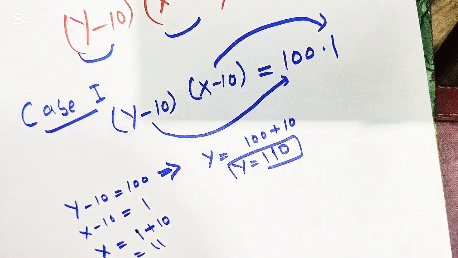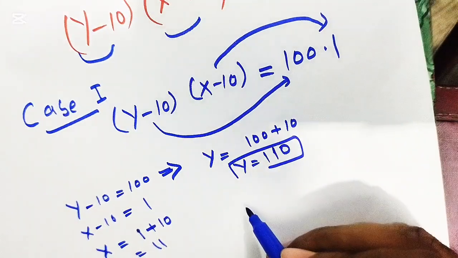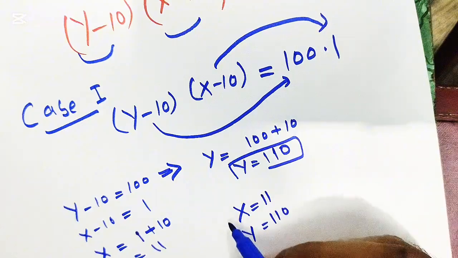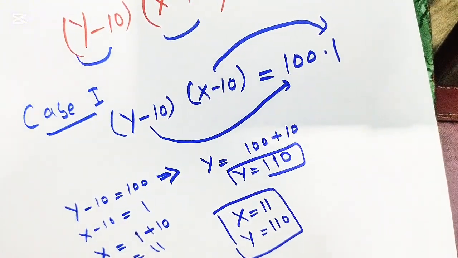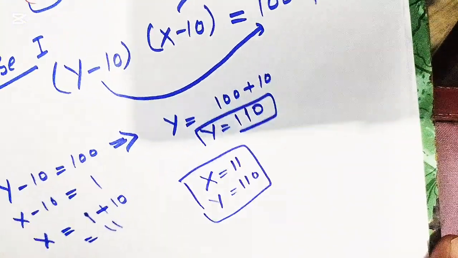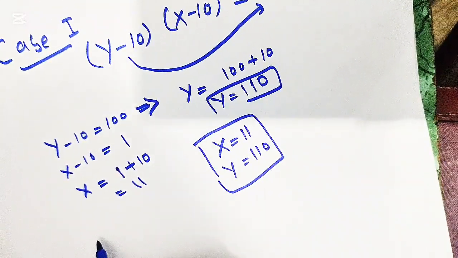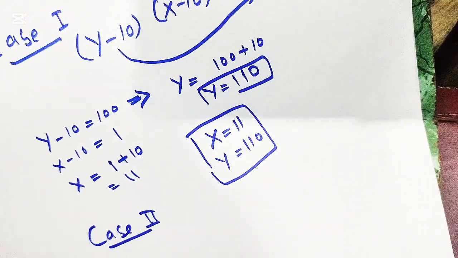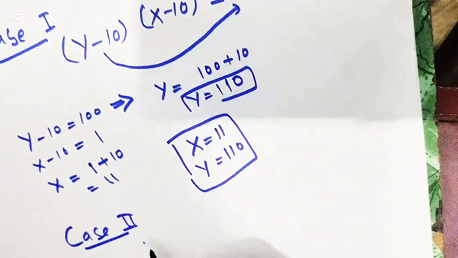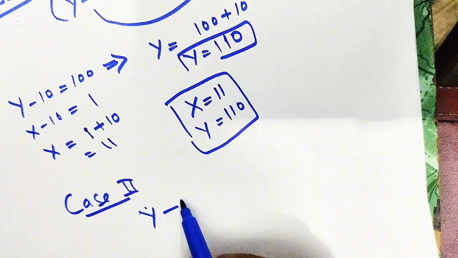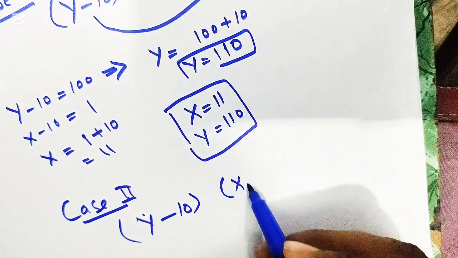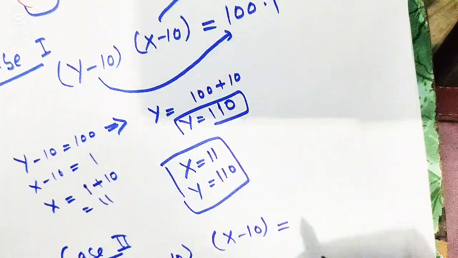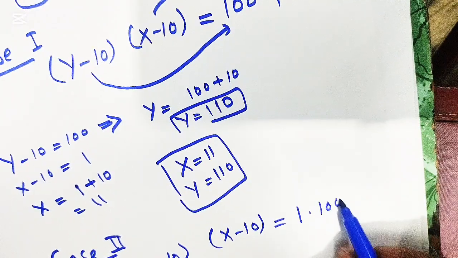So from these two equations, x is equal to 11 and y is equal to 110. This is our first case. Now, what is the second case? (y minus 10) into (x minus 10) is equal to 100 into 1, and now it may be that it is 1 into 100.